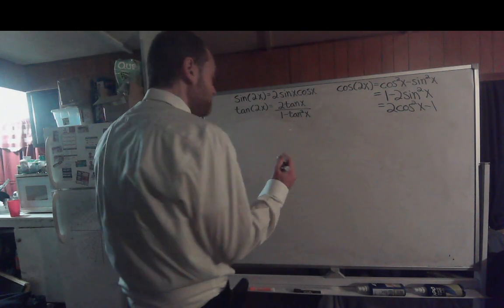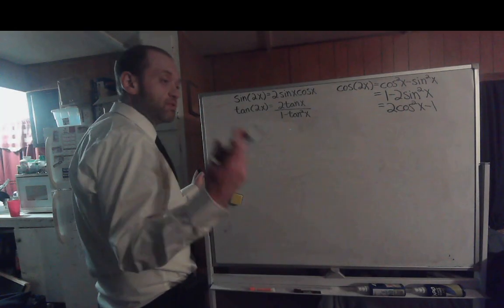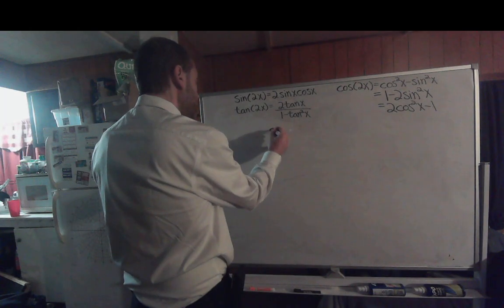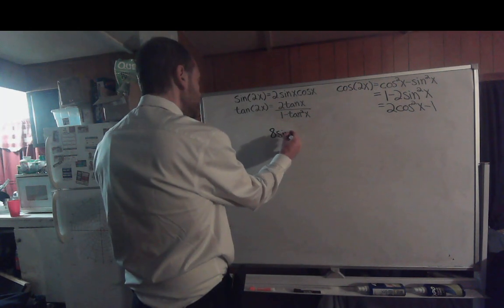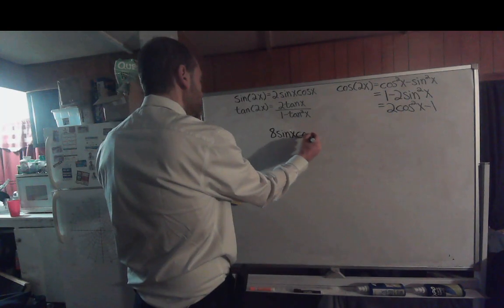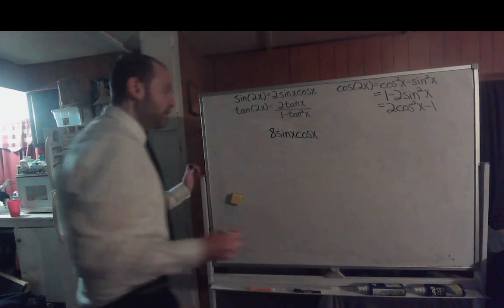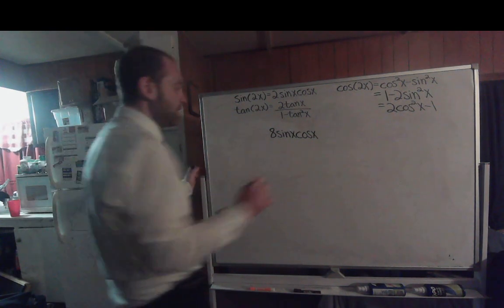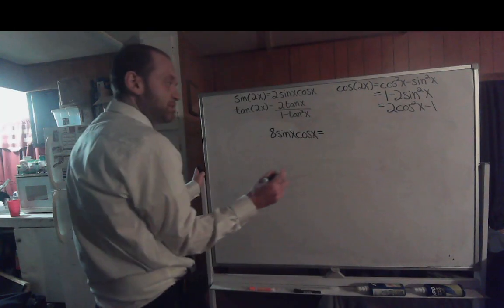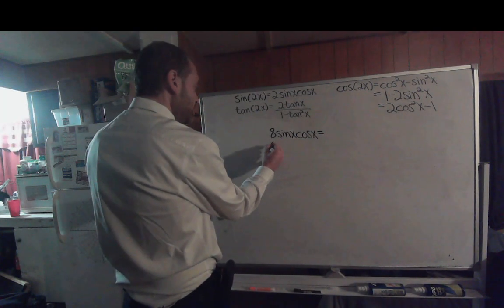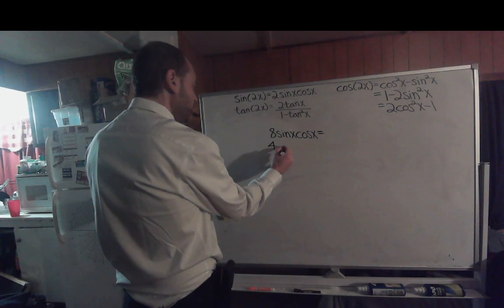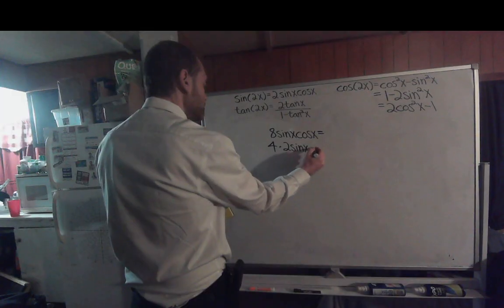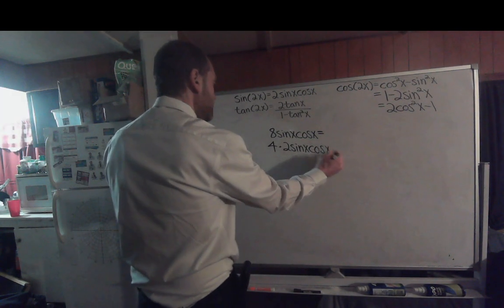So we're going to simplify the expression in terms of a double angle of a function. So let's say we have 8 times the sine of x cosine of x. How can we rewrite that? Well, isn't 8 the same as 4 times 2? That would be equal to 4 times 2 times the sine of x cosine of x, would it not?